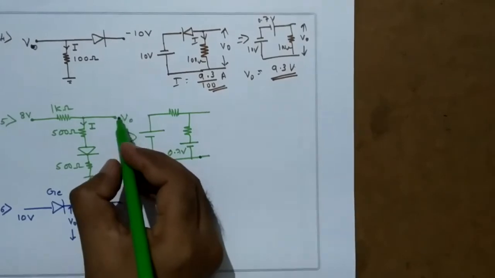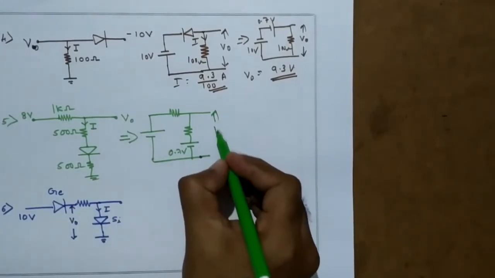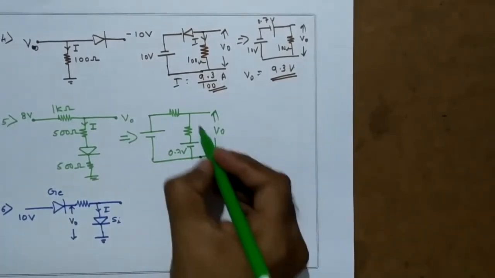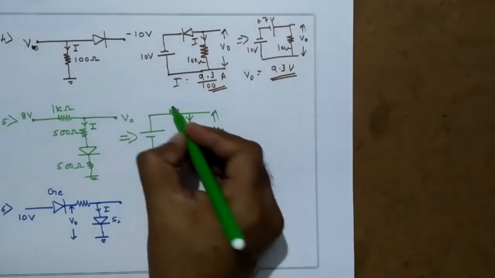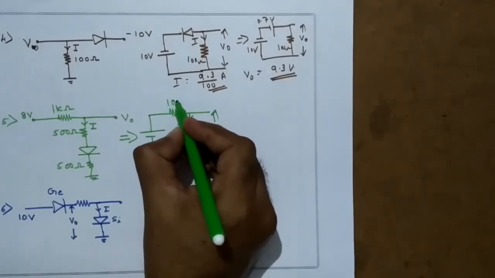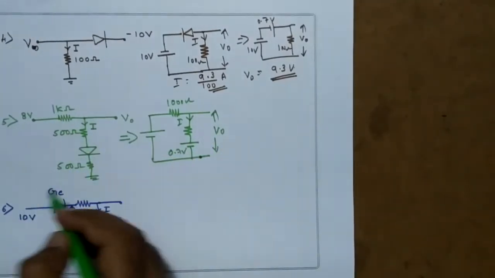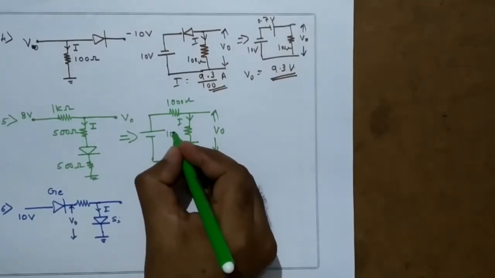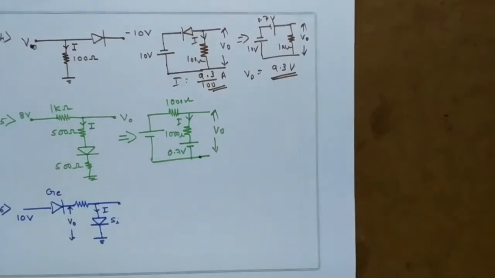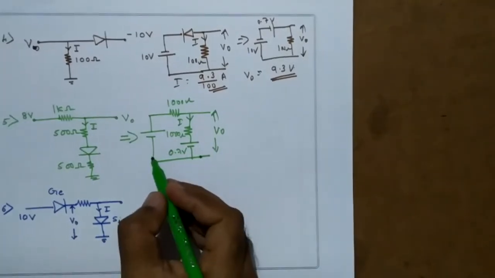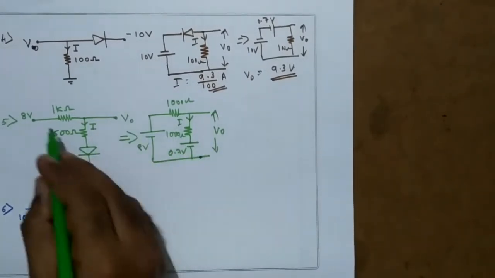And V naught here means here with respect to ground, V naught. And this is I. This is 1K or 1000 ohm. There are two resistors in series, so 1000 ohm. Now this is 8 volt. What is I?